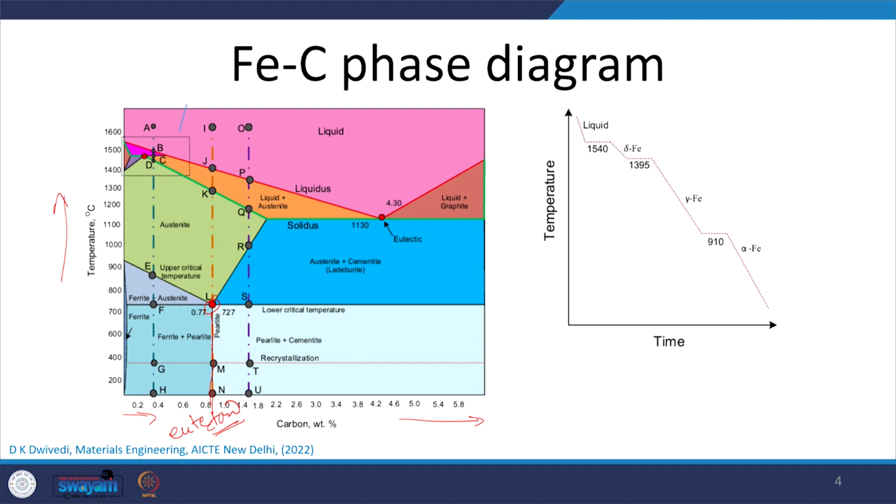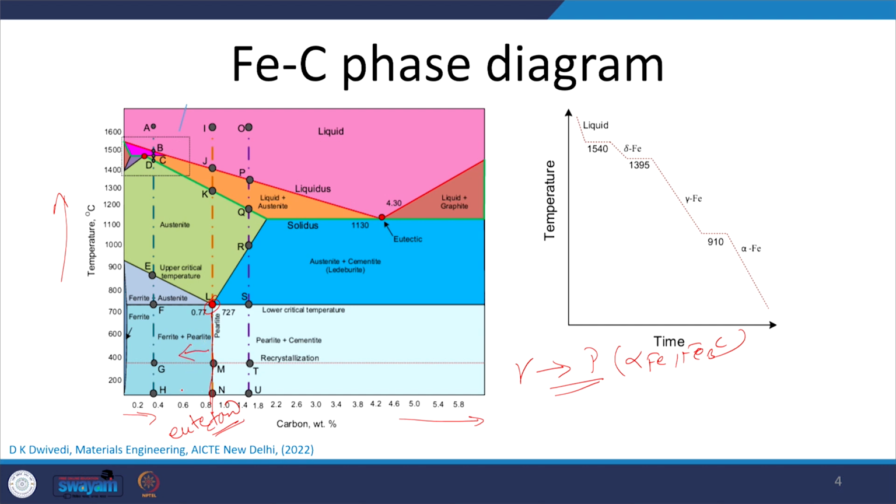At the eutectoid point L, the gamma transforms into pearlite, which is a mixture of alpha iron and Fe3C, a mixture of ferrite and cementite.